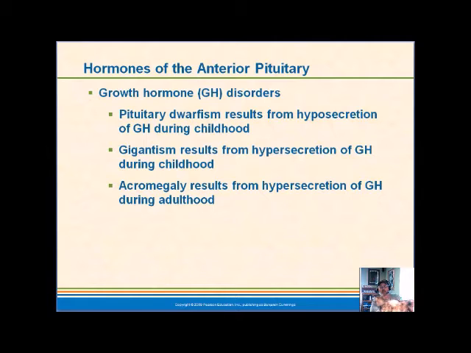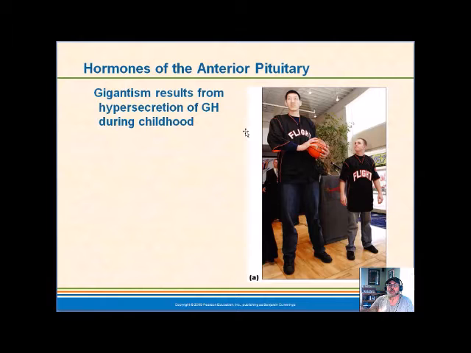And then acromegaly results from hypersecretion of growth hormone as an adult. So here's an example of gigantism, which results from that hypersecretion. This is a normal-sized man here. This is one of the tallest people in the world, and he had a hypersecretion of the hormone during childhood before puberty.